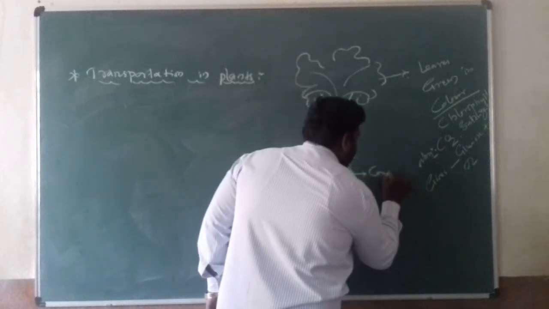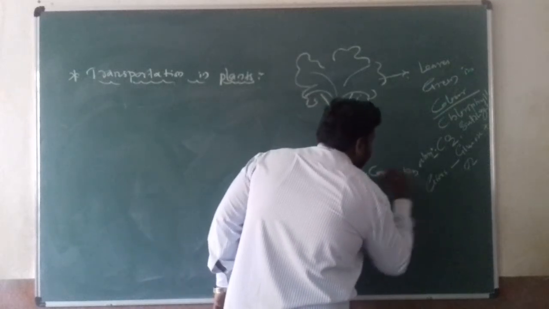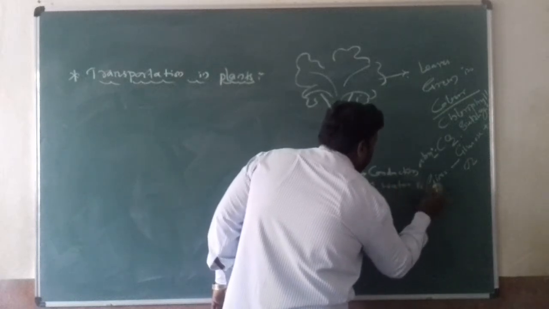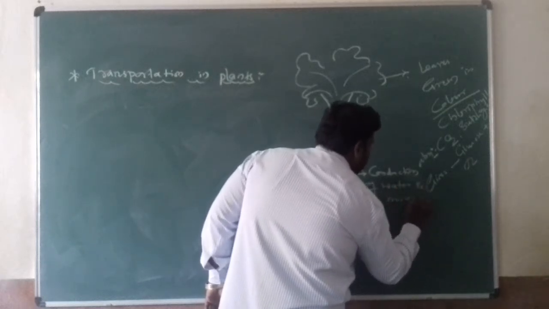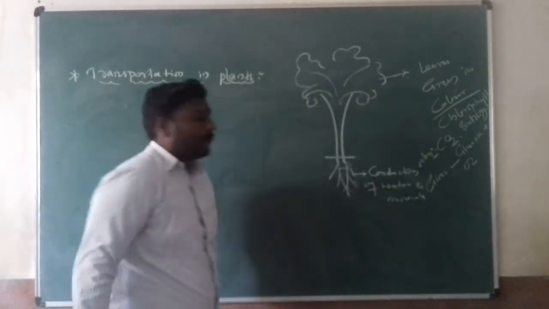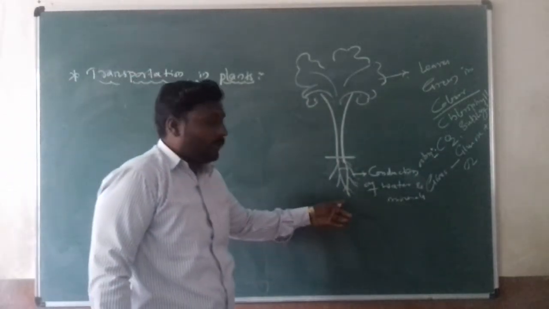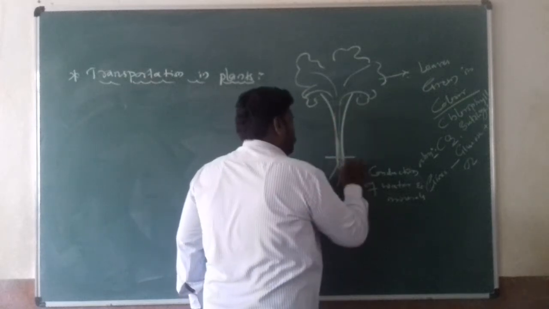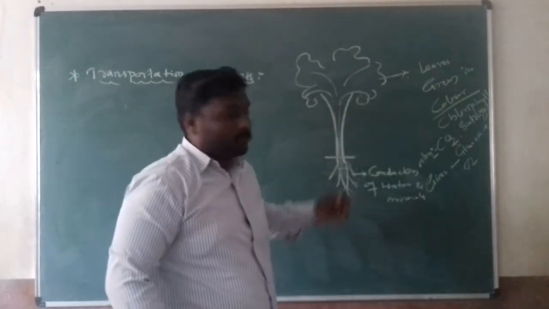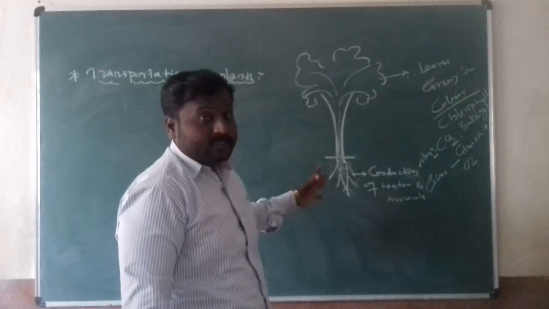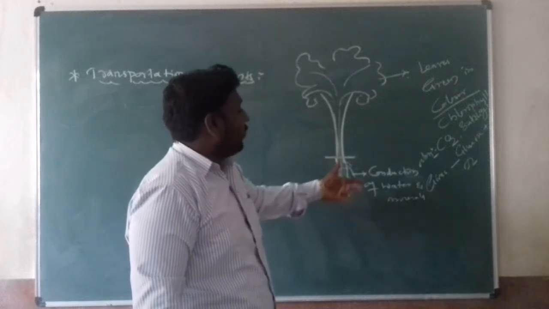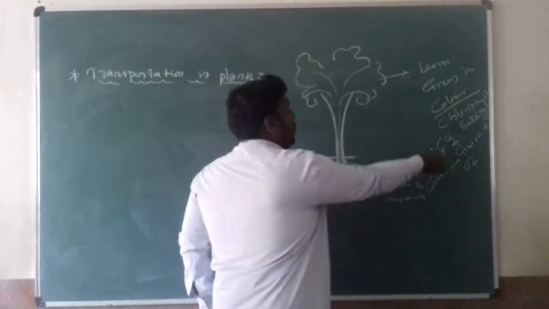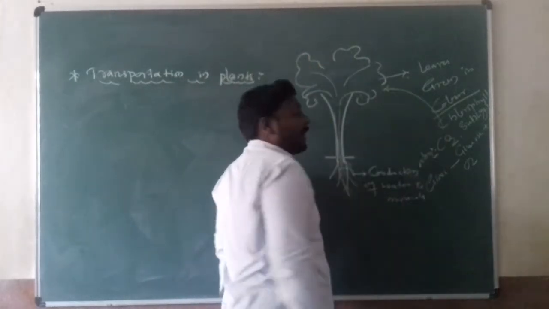Therefore a transportation system is necessary. It means how the water as well as minerals are transported in a plant, as well as how the prepared food is transferred in a plant body.